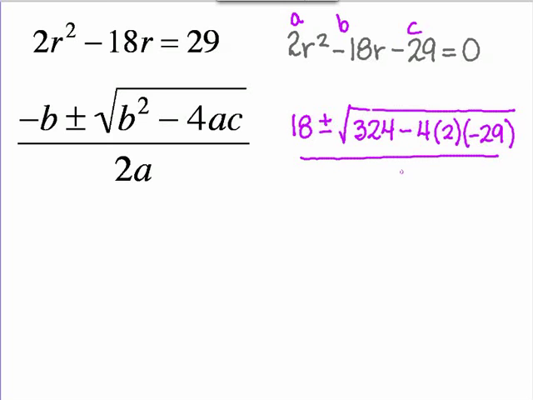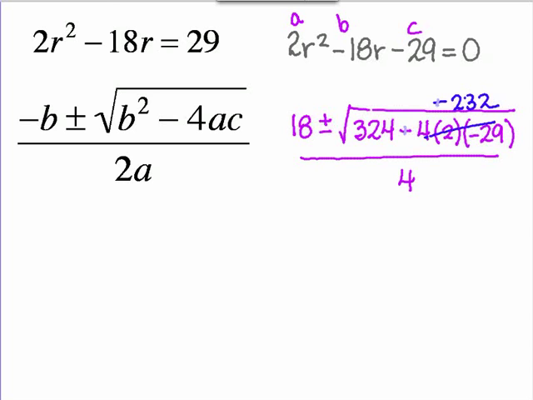So 2 times 2 is 4. Let's go ahead and multiply 4 times 2 times negative 29. And when I do that, I get negative 232.